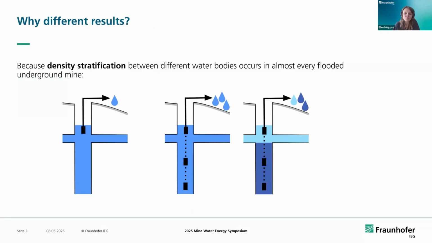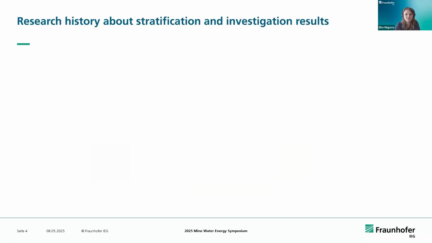And if you assume this is the entire mine water body and you assume, okay, I can use these results for my conclusions. But usually that is not the case because we find stratification in flooded underground mines, and this is the right picture. On the top you have different water quality, and at the outflow, you have different water quality than inside the flooded mine.